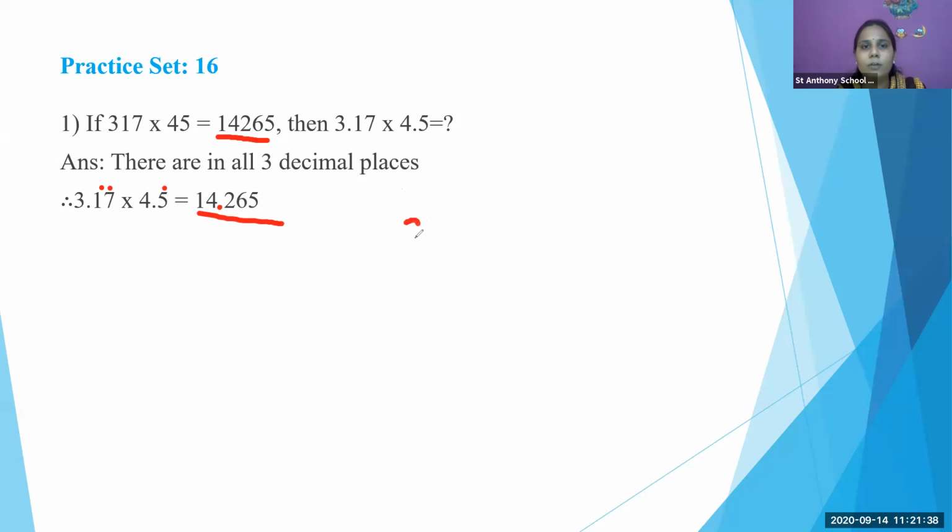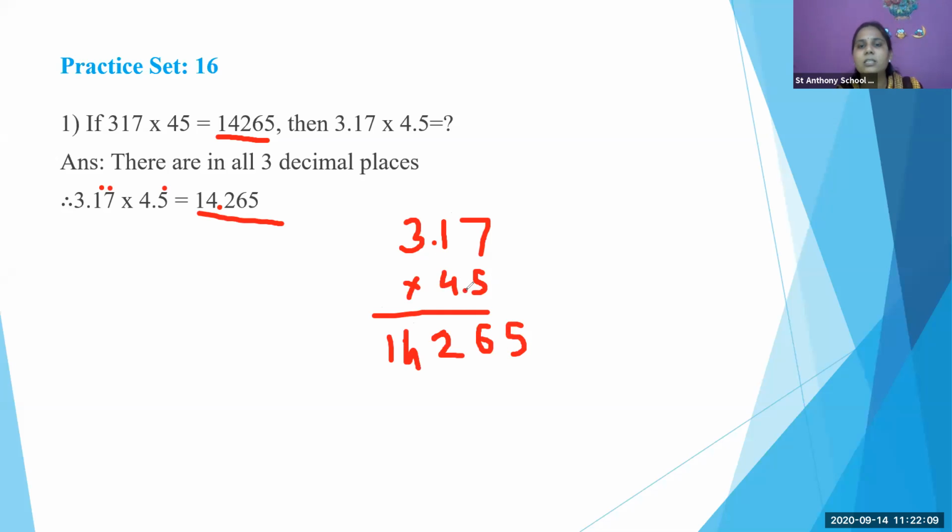Like for example here 317, everyone please pay attention over here. 317 into 45, if we multiply, the answer is 14,265. Now in the question, here a decimal point is there, here a decimal point is there.